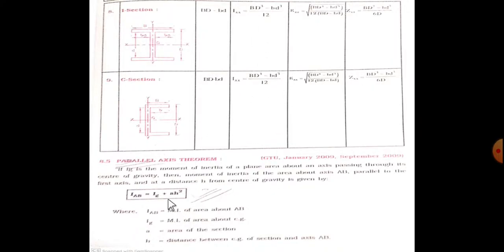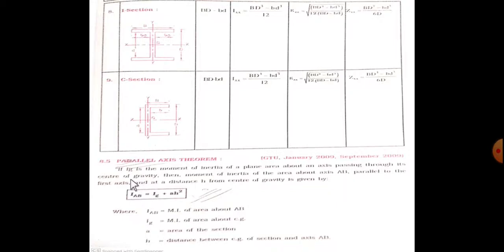Now, the parallel axis theorem. This is the most important thing, and this equation we are going to use in each and every example. So you have to remember this parallel axis theorem. What is it called?